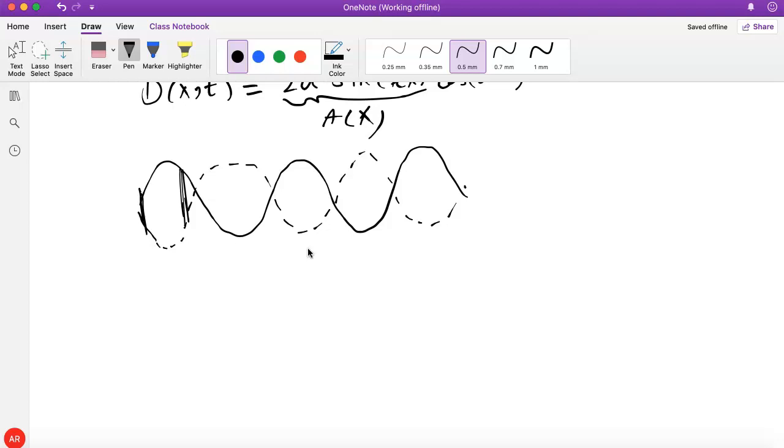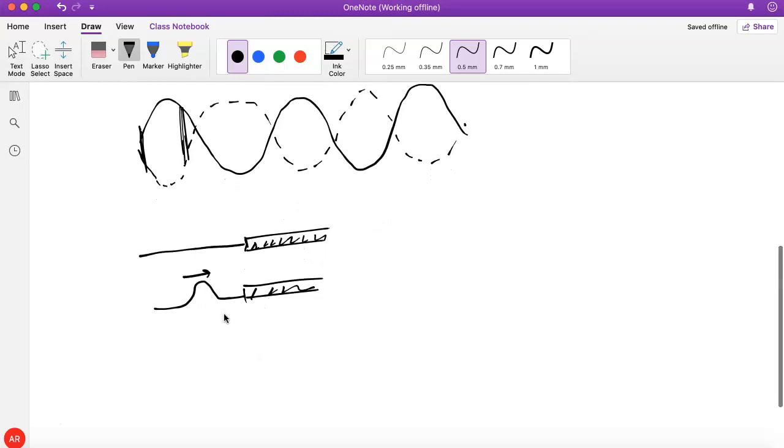We talked a little bit about what happens when you have an interface between two different media for the propagation of waves. For example, if you have a light string and a heavier or thicker string, and you have a pulse traveling toward this interface, it gets reflected and it also gets inverted. Something like this happens.